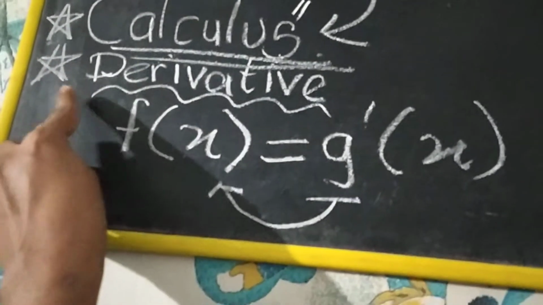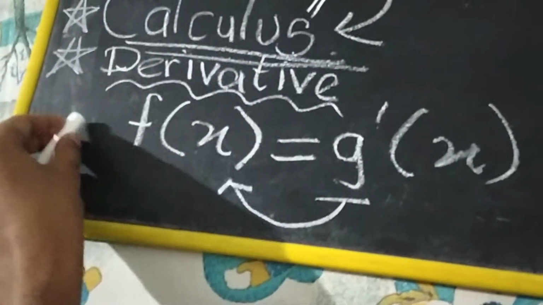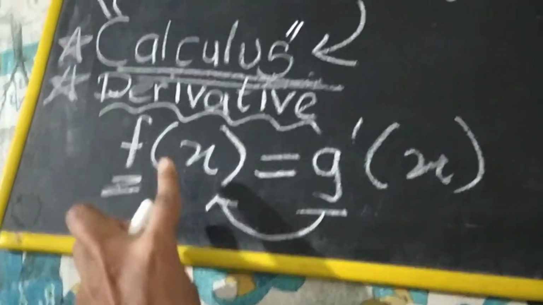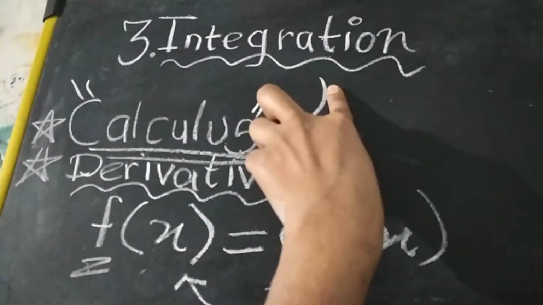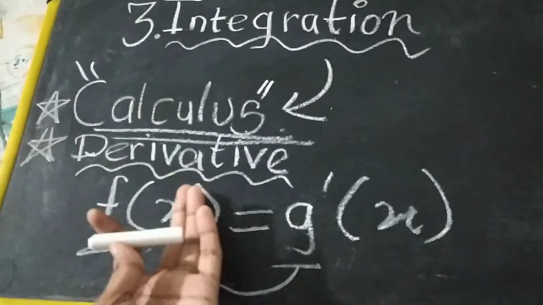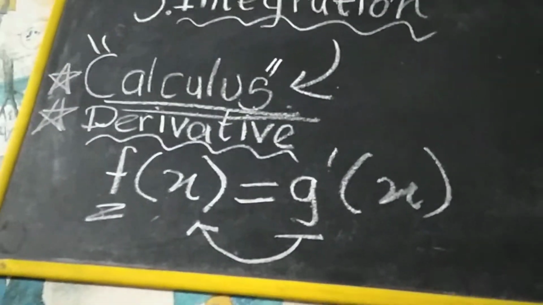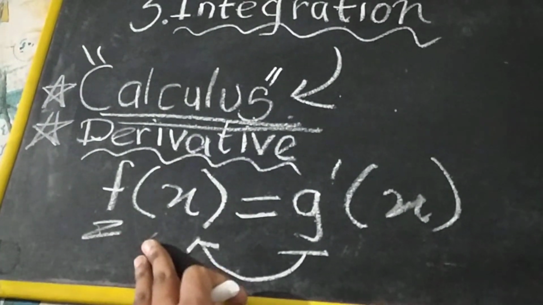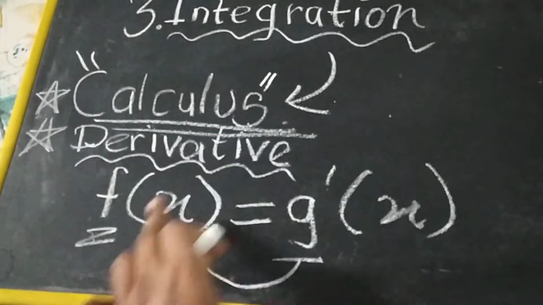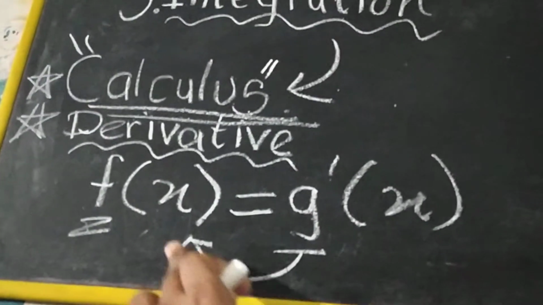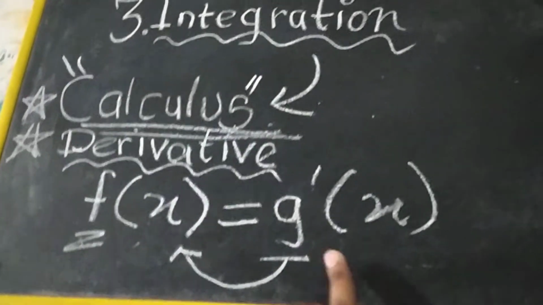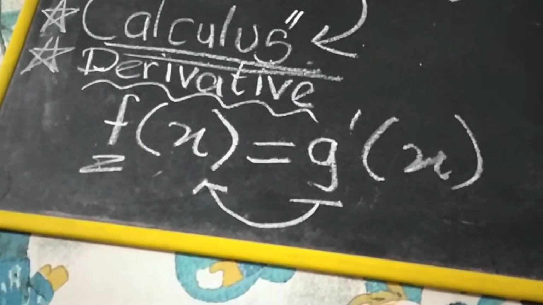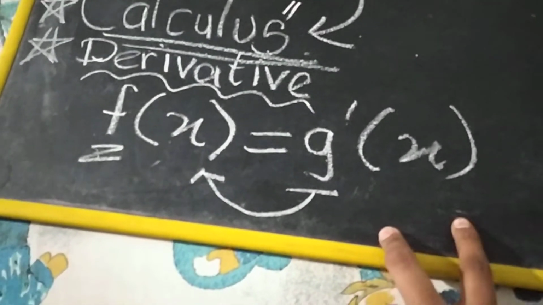So what were we doing in derivative? We were finding the function of x, right? So let me tell you guys that integration is nothing but the inverse of derivative. That means, if the derivative is f of x, that is function of x, then integration is g dash of x, that is g of x.